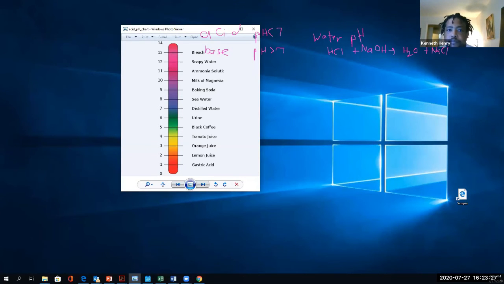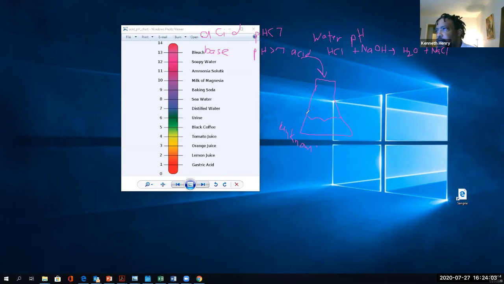So let me show you. If I'm putting acid into this, so I'm using a buret and I'm putting acid in here, and this is my base of unknown concentration. This base is going to have a color associated with it.